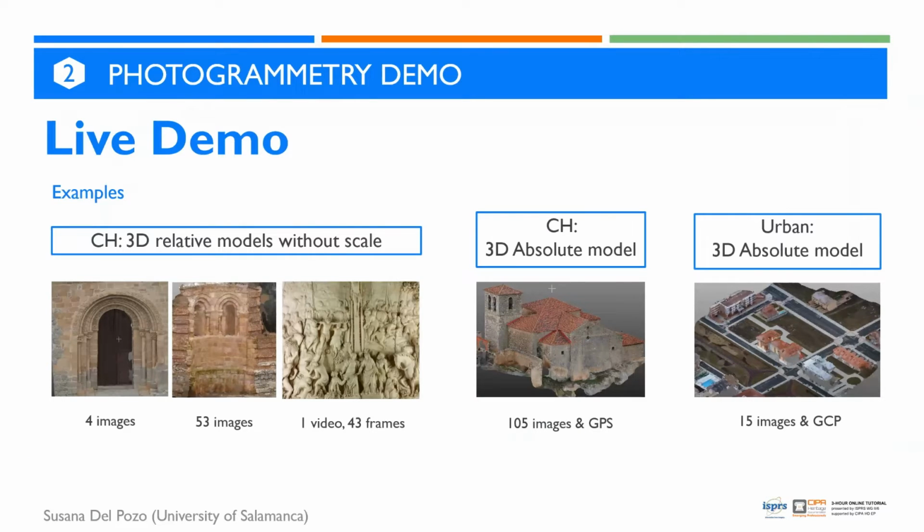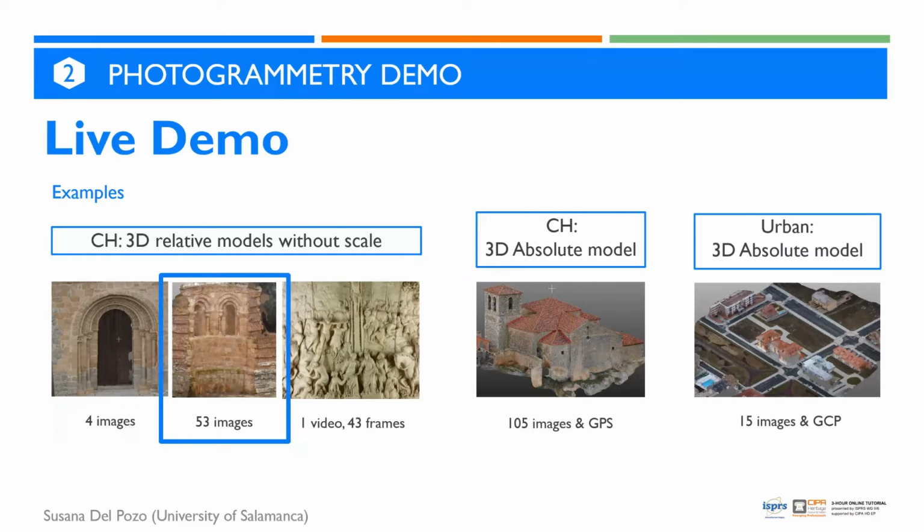I will show you five projects. The first three concern different cultural heritage assets, whose 3D models were relative models without scale. The first one is a church, mainly the main entrance door of a church.